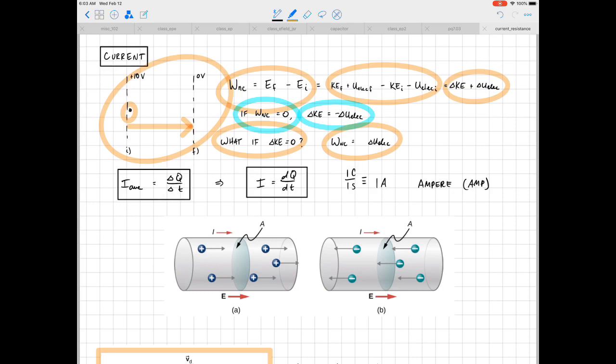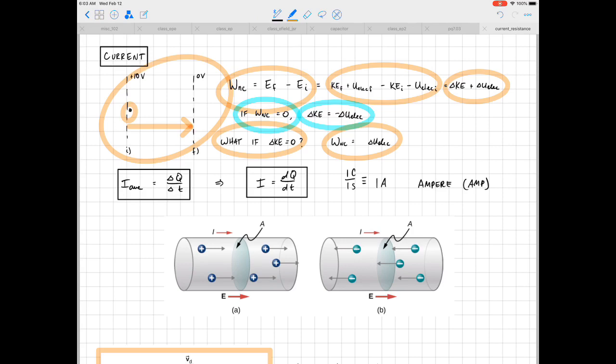The reason I want to bring all that up is because we're going to have our charges not just in free space moving between voltage lines, but in a material, in a metal, in a wire. In that scenario, as the charges move through the wire and lose potential energy, they will not be speeding up as they move through the wire.